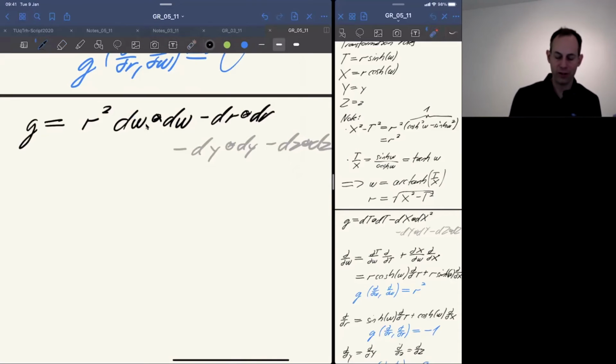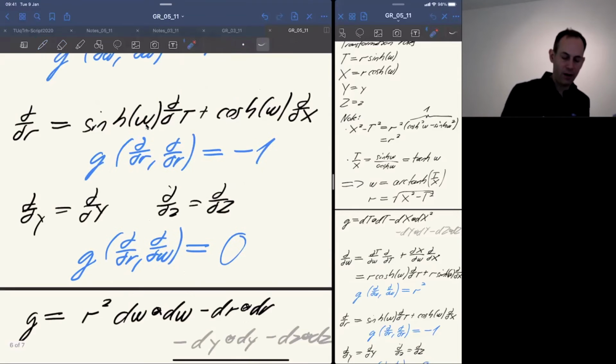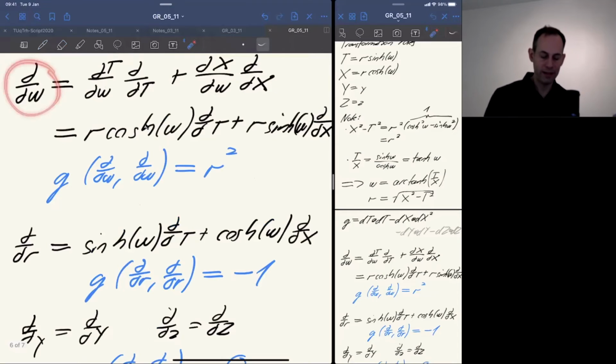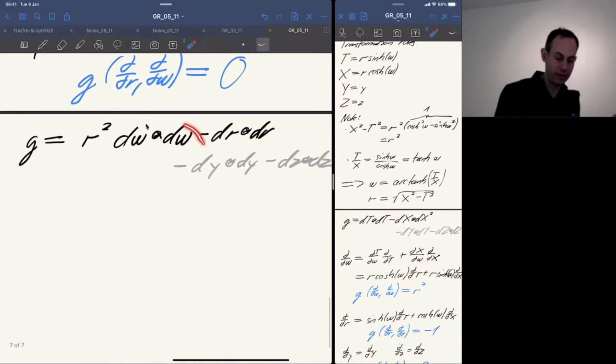I just wanted to make you aware that omega is still something like a time, whereas r is more something like a distance. And more formally speaking, the vector dr is indeed a space-like vector, and this is a time-like vector. So in that sense, this component is a kind of measure for time in these coordinates.